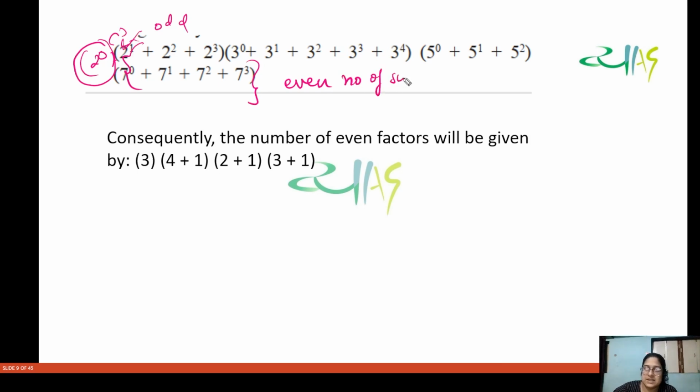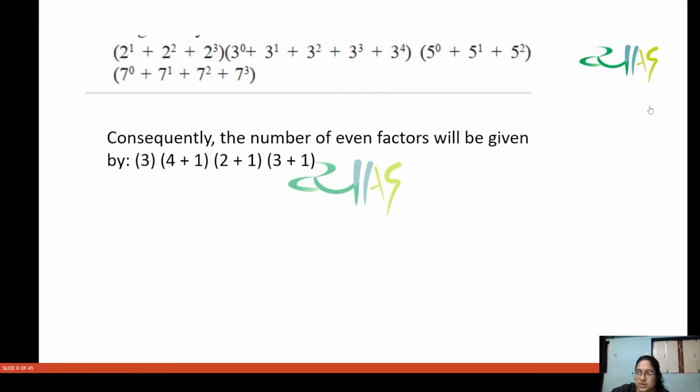Similarly, if I remove this 2 to the power 0 from here, this will be all the number of even terms. So I hope everybody is clear with this thing.